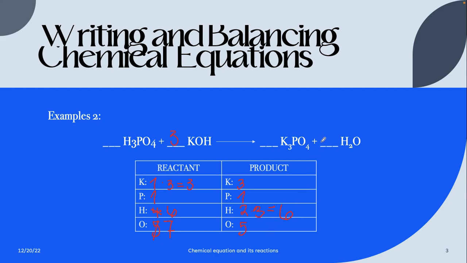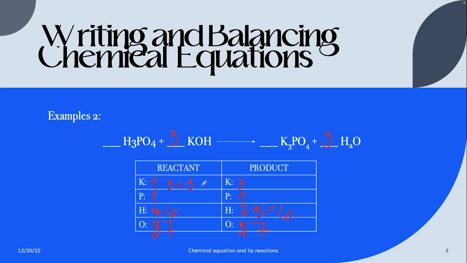Right? So now we have 3. We're going to place a 3 up here. And now we have 6 hydrogens, and we no longer have 5 oxygens, but we have 4, 5, 6, 7. So now we need to scratch that and we make it 7.